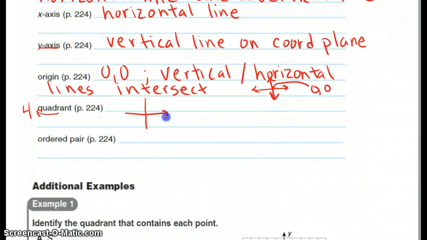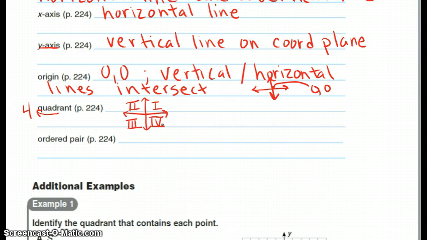So if I draw my plane again here, we number them with Roman numerals. Starting at 1, we go across and around the coordinate plane, making a letter C, because we are going clockwise. And there are the 4 quadrants in our coordinate plane.